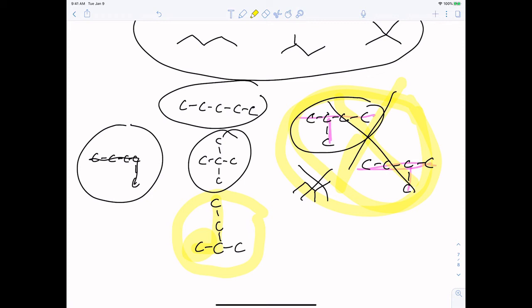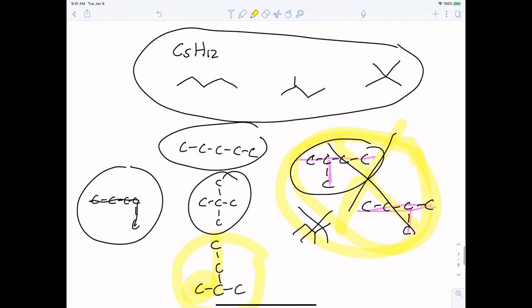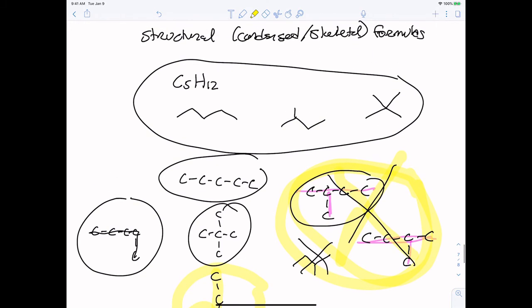So sometimes you have to draw something wrong before you notice that it's wrong. When you're drawing these, it's really easy to draw something that's not an isomer at first, but then really go back and look at it. Be very critical and then just cross out anything that's not correct. I only have 3 isomers for C5H12. You could draw them slightly different, but there should only be 3 unique answers.